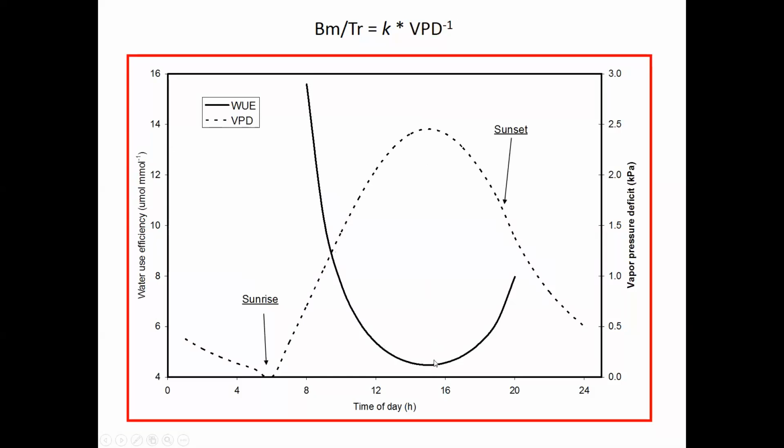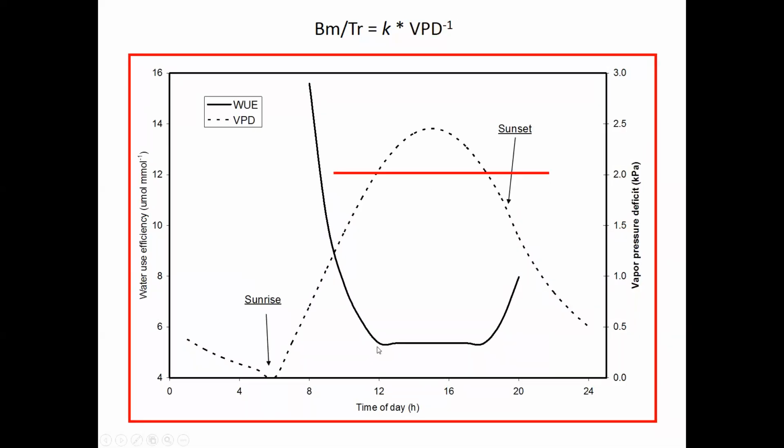Now, what we can think about is if we have a plant that will close its stomates at some threshold value of vapor pressure deficit, say at about 2 kilopascals, what we would expect then is that transpiration would no longer increase, and water use efficiency would basically reach a flat plateau. And that's one of the mechanisms that we believe is happening in a lot of plants.